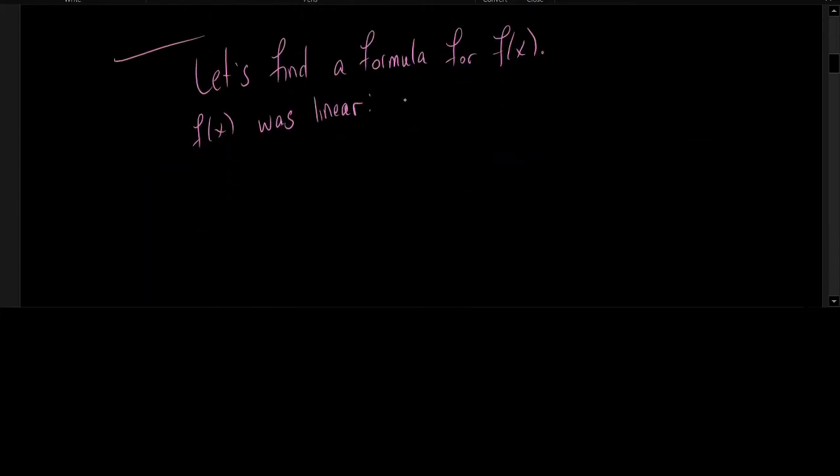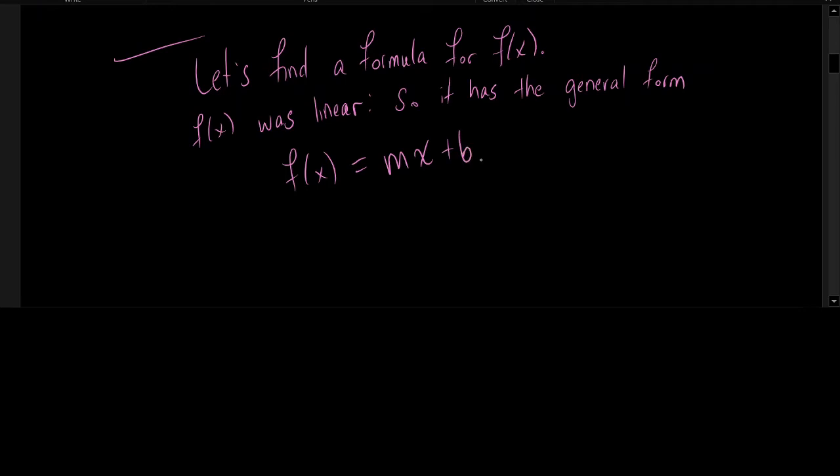F of x was linear, so it has the general form f of x equals mx plus b. And remember, I am actually going to change plus b to plus a.